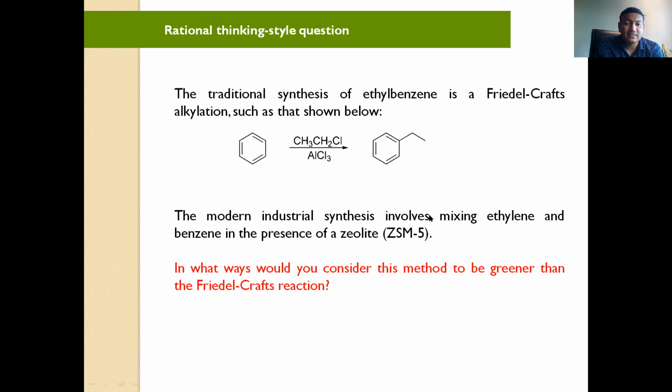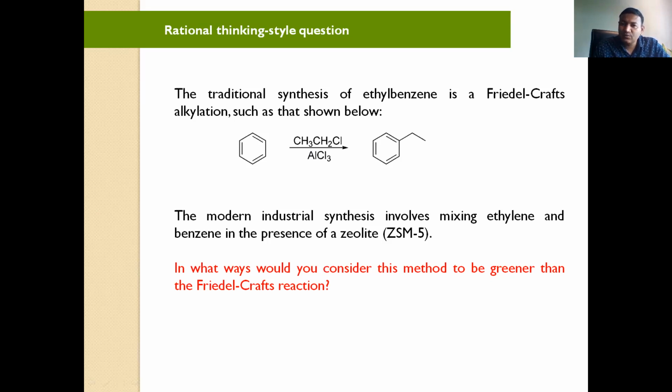Now the question is, if benzene is there, ethylene is there, instead of this haloalkane, and if we have only the ZSM-5 catalyst over that, in what ways would you consider this method to be greener than the Friedel-Crafts reaction?